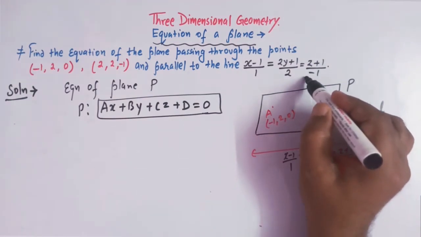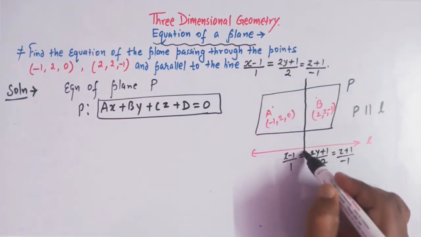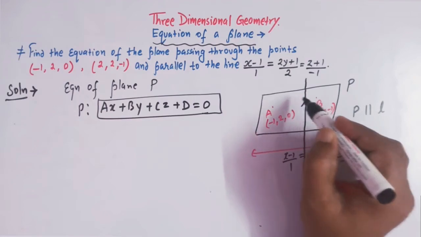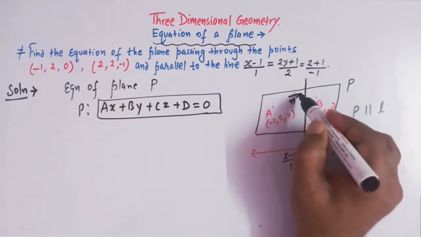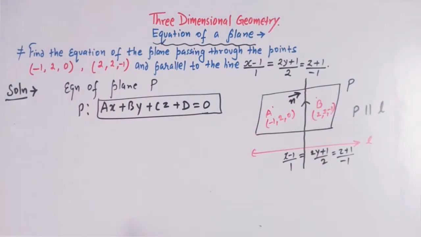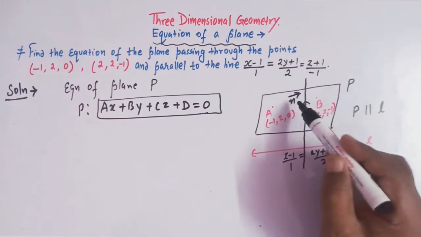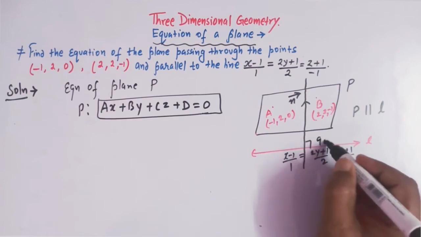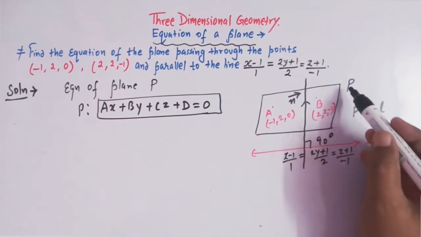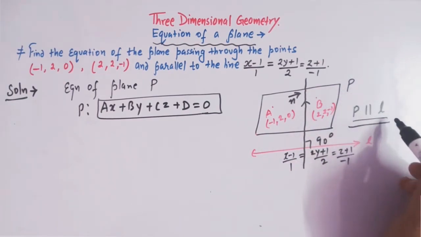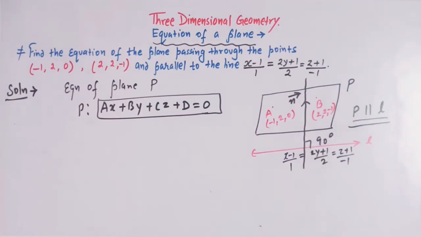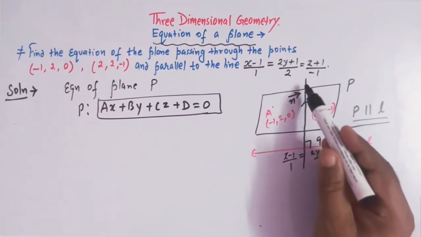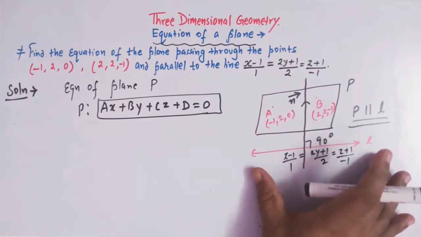So if we draw the normal to this plane P like this, suppose this is the normal vector n, and this normal vector n is perpendicular to this line L, right? Because this plane P is parallel to the given line L, right? So this is an important concept here.